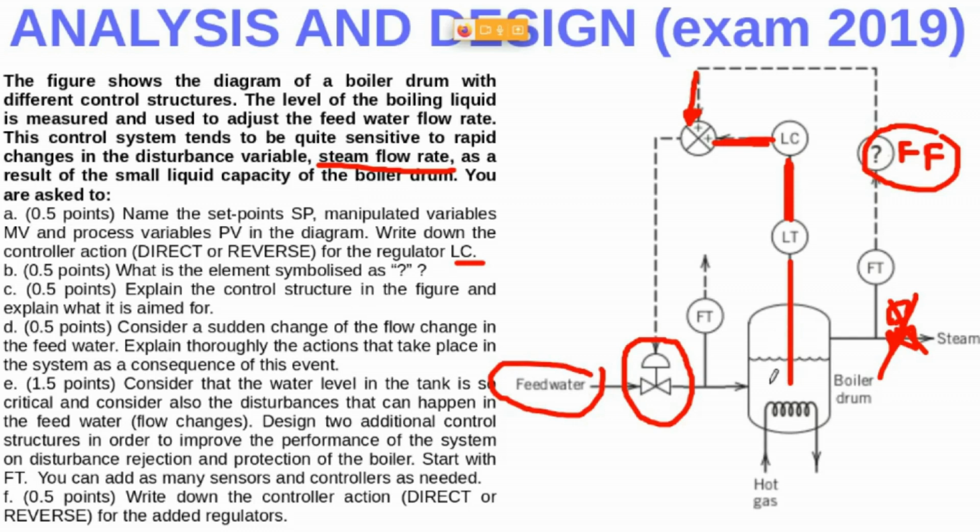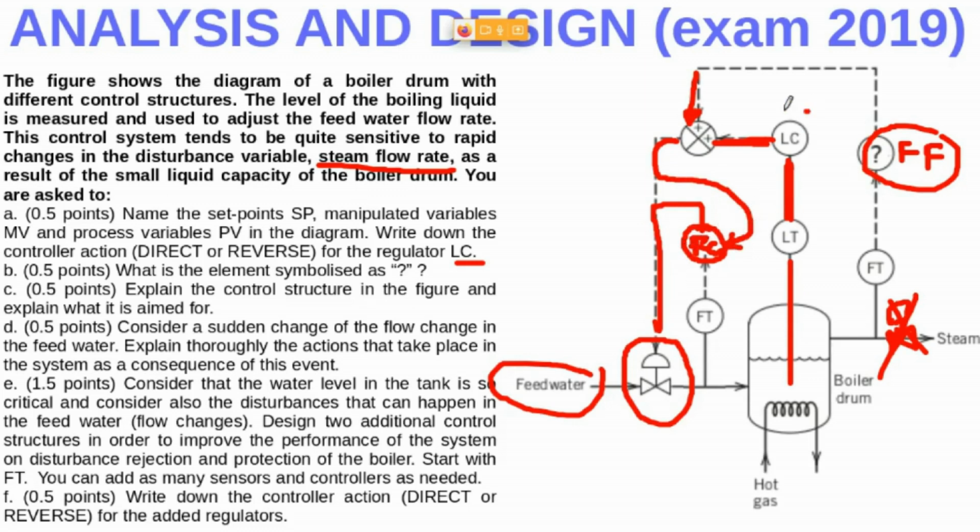So, for example, we can foresee that this flow transmitter can be used by just adding a flow controller. Here we put a flow controller, and this flow controller will apply the controller action in here, and this signal in here will be the set point for this flow controller.